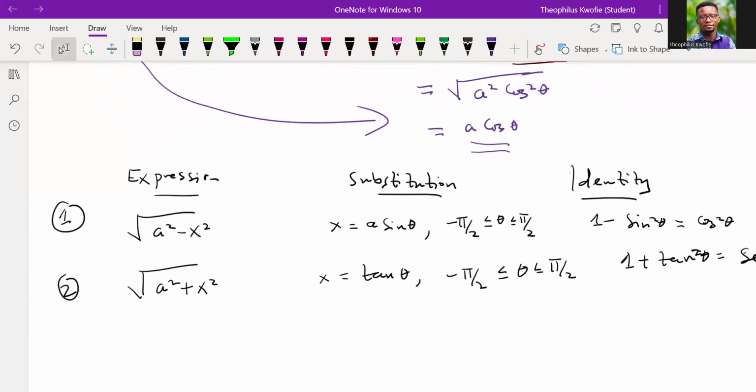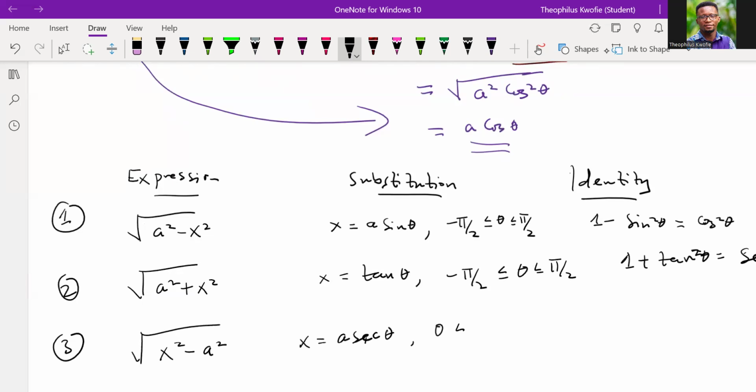All right, so let's look at the last expression that I want us to look at. With this one, what do you think the substitution should be? The substitution should be x equal to a sec theta, and this time around, theta should strictly lie within 0 to 90 degrees, which is the first quadrant.